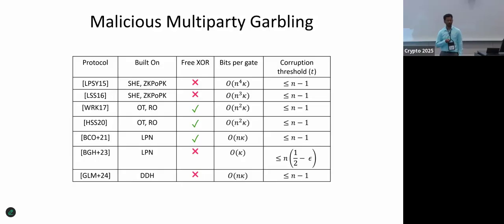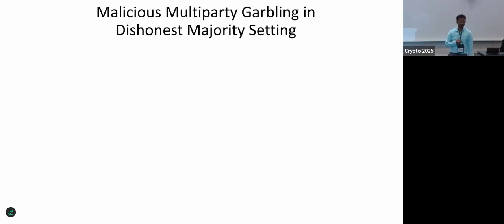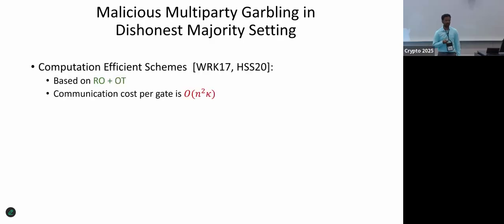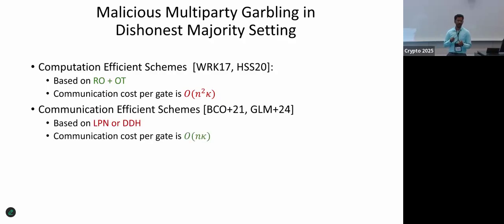I would like to point out that the work of Beck et al. is in the honest majority setting. So to summarize, this is the state of the art in the dishonest majority setting. You have schemes based on random oracle and oblivious transfer, but the communication cost per gate is order n squared kappa. Then you have schemes that have linear overhead, but they assume LPN or DDH.